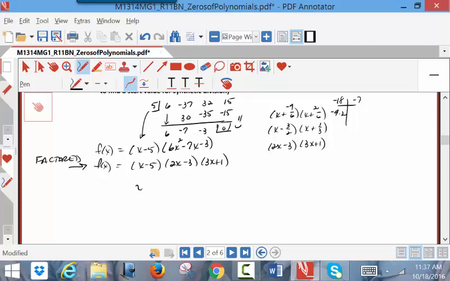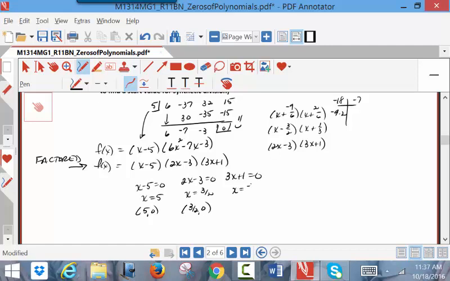And then to find the zeros, you set each one of these factors equal to 0. So you're going to get x equaling 5, so there's an x-intercept 0. You're going to get x equaling 3 halves, another x-intercept 0.